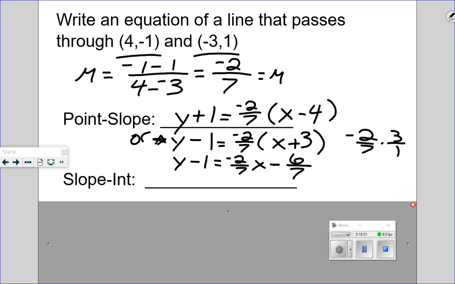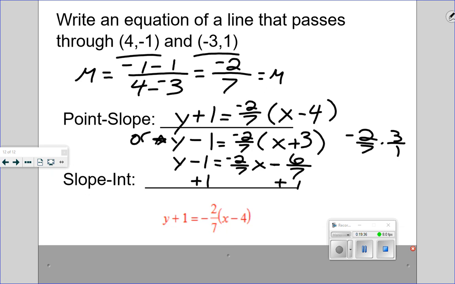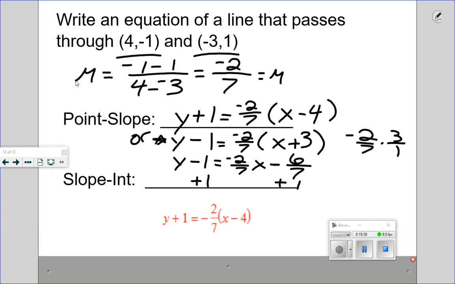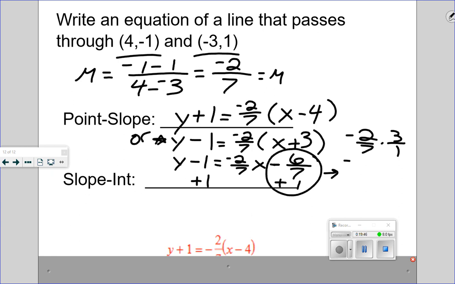All right, then we have to add 1 to both sides. Now, when adding and subtracting fractions, we need to get common denominators. So I'll just move that off to the side. I have a -6 over 7 plus 1, which can be written as 7 over 7.